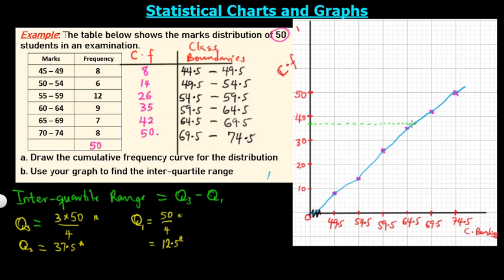Trace down where it touches the curve to the class boundary. So that is a box after 64.5. And from 64.5 to 69.5 is just 5 difference. So that means each box here represents 1 unit.